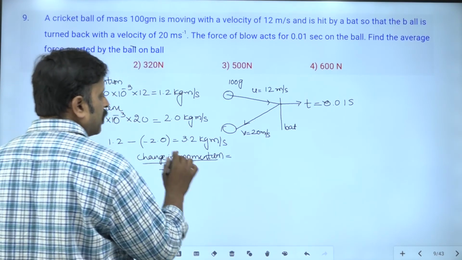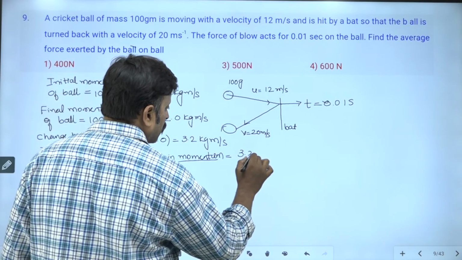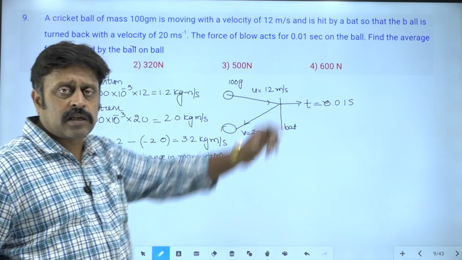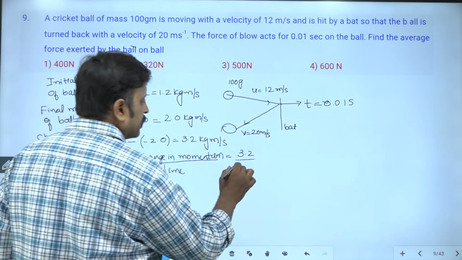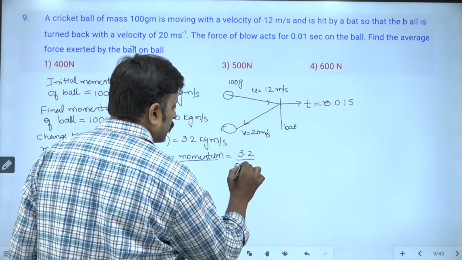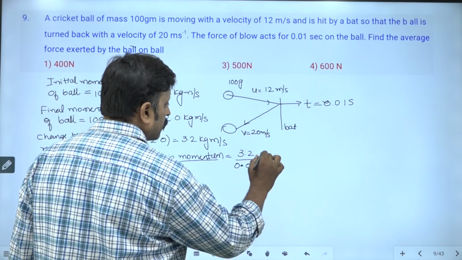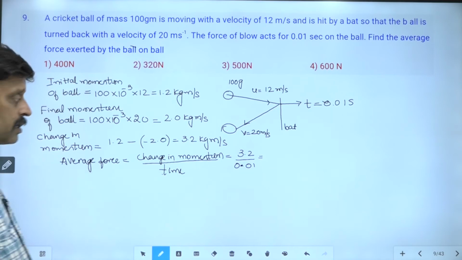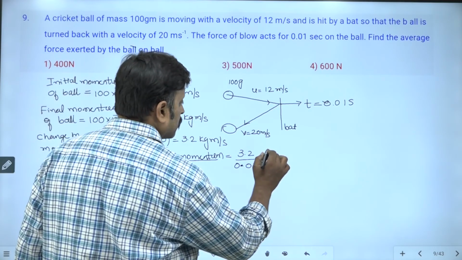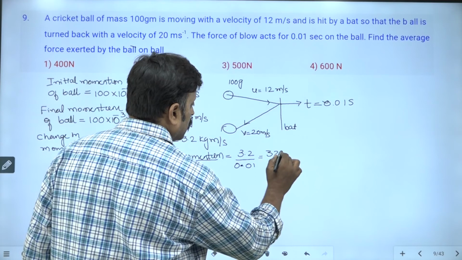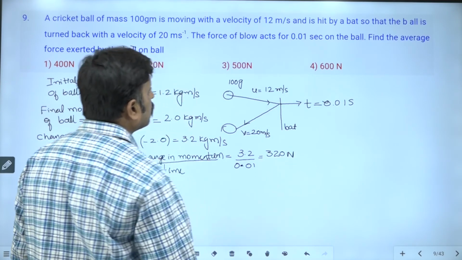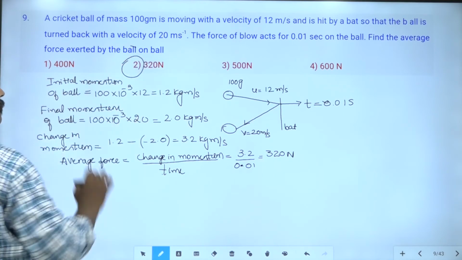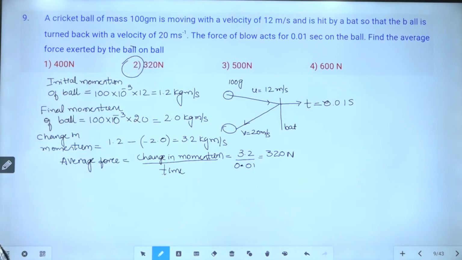The value of change in momentum, how much did we get? 3.2, divided by the time of contact, how much is given? 0.01 seconds. Okay, if you simplify this, you are going to get the required average force as 320 newtons. So where is 320? Yeah, second option. The second option is the correct one. Okay.